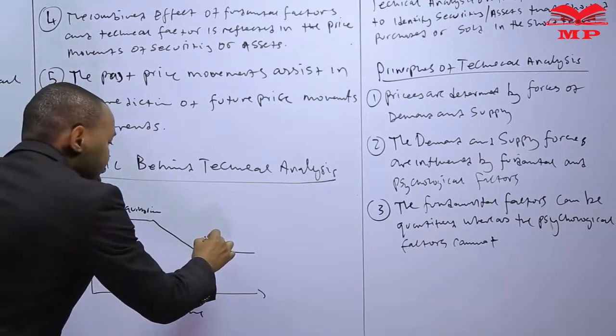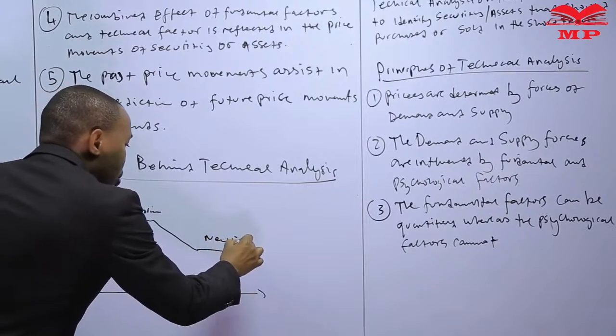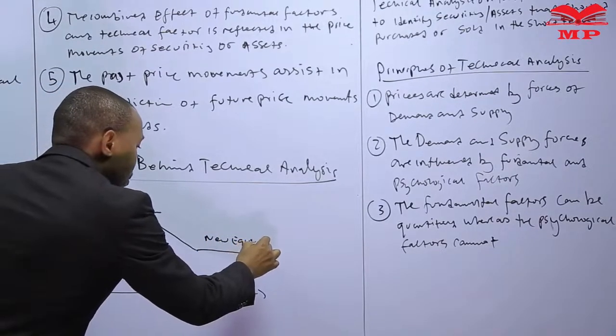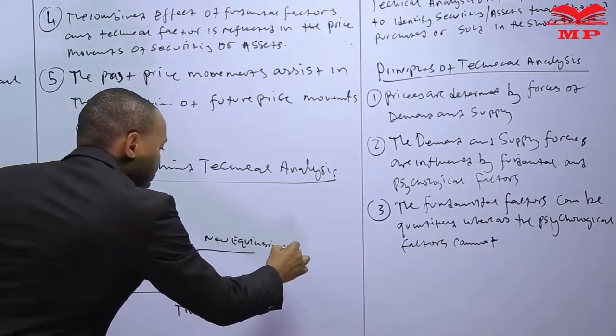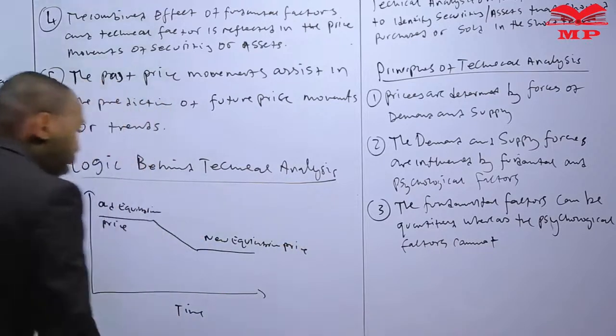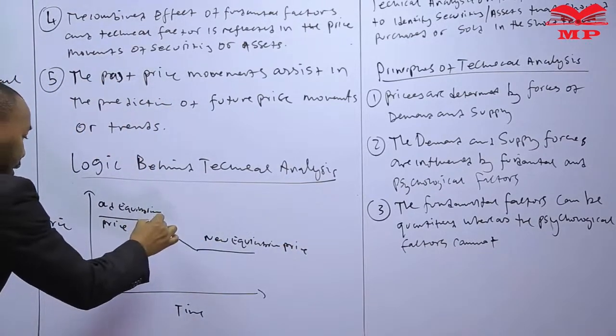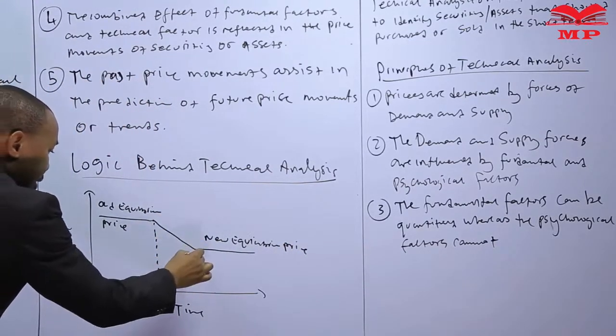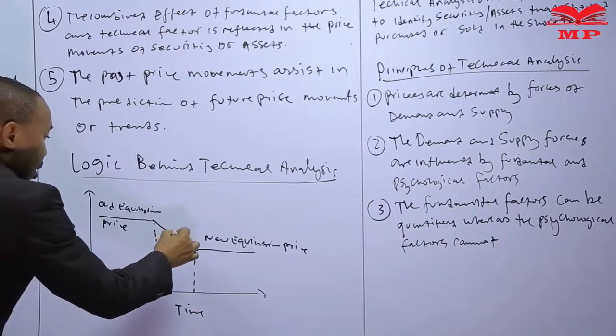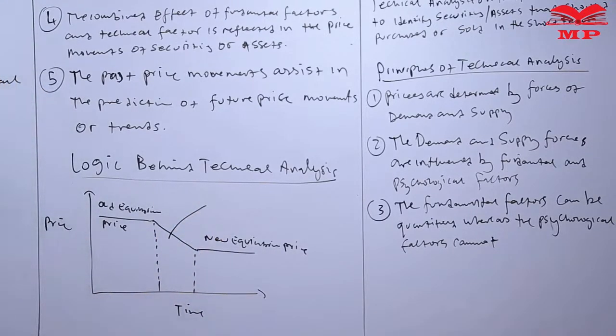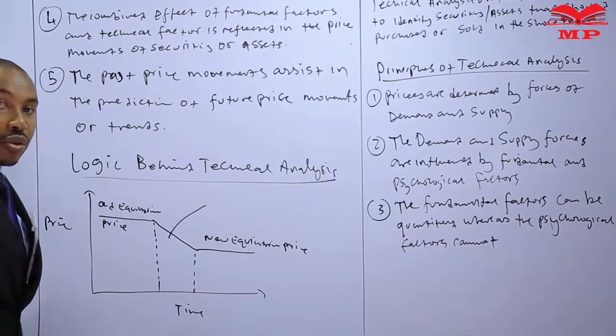Then this is the new equilibrium price. This part right here is when the information is being released into the market.